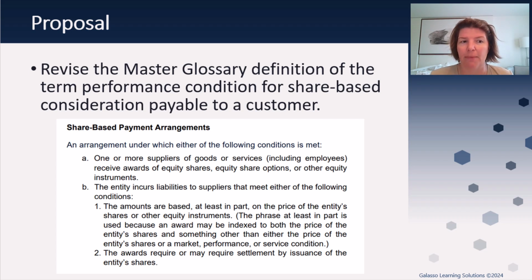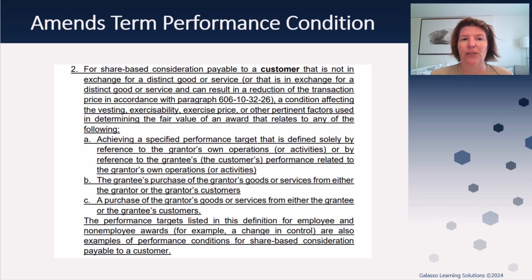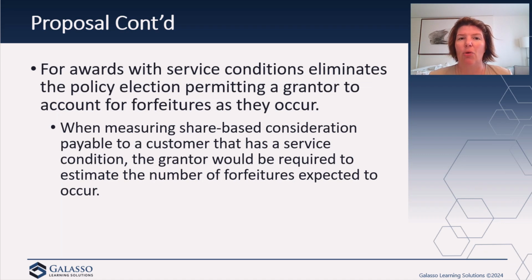In addition, we are also seeing the term performance condition updated, and you can see here some of the items that have been updated, to be more clear if it's a performance condition or a service condition. We do expect there to be, as a result, fewer service conditions, because a lot of the terminology was updated in the term performance condition.